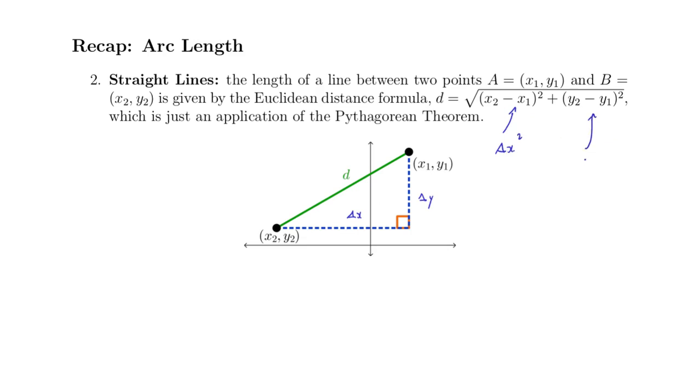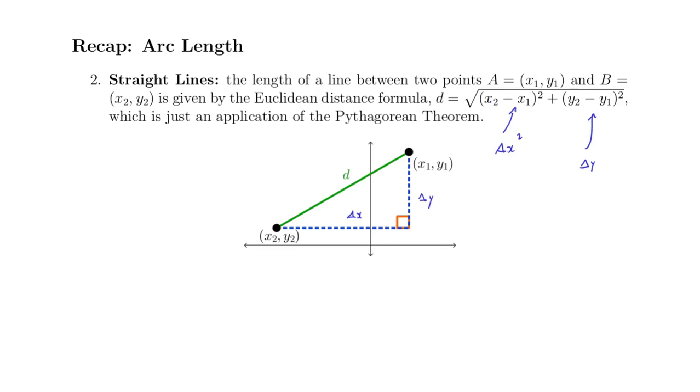And delta y is literally just the difference in the y values. And the Pythagorean theorem says that delta x squared plus delta y squared is going to equal d squared. Since this distance has to be positive, we can just look at the positive version of the square root. And this is the distance formula. No big deal.